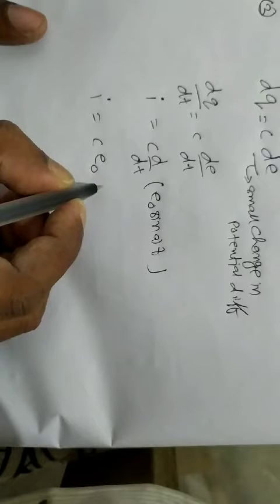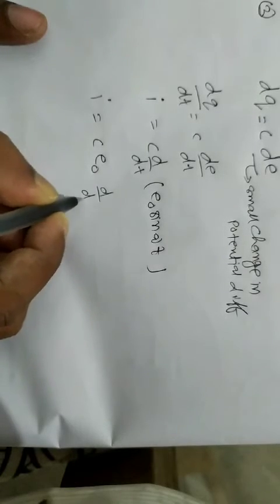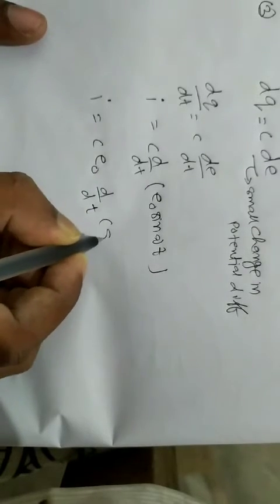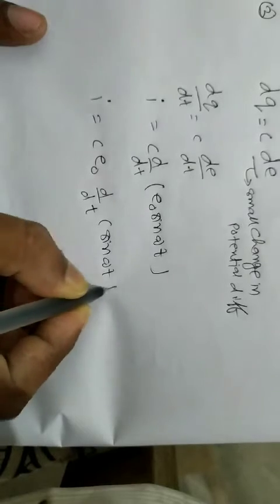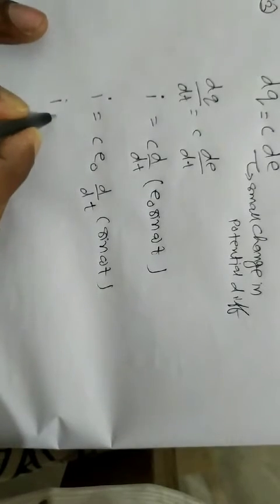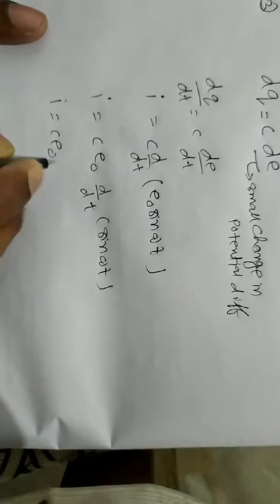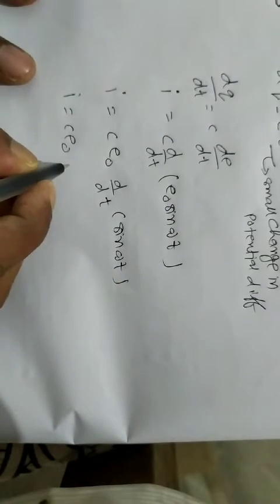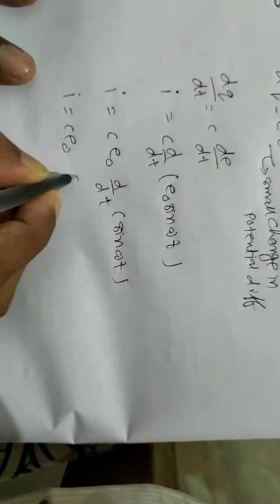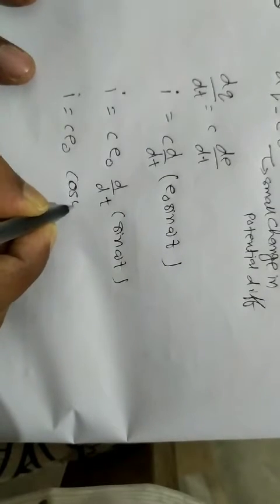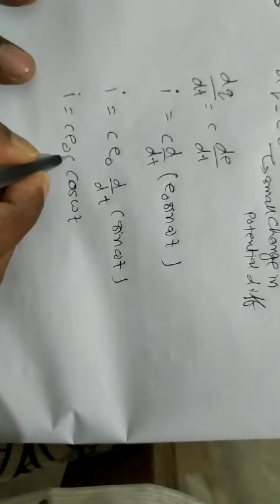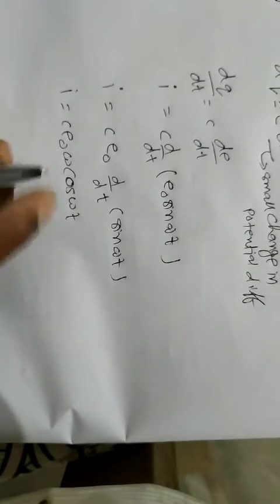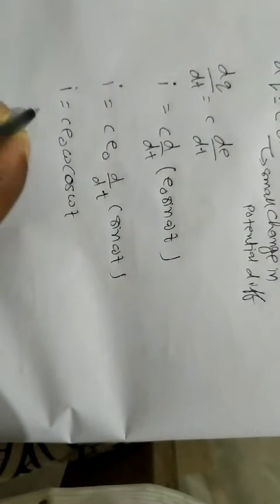Omega is constant. Now the differentiation of sine omega t will be cos omega t, and the differentiation of omega t will be omega. So I is equal to C E naught omega cos omega t.